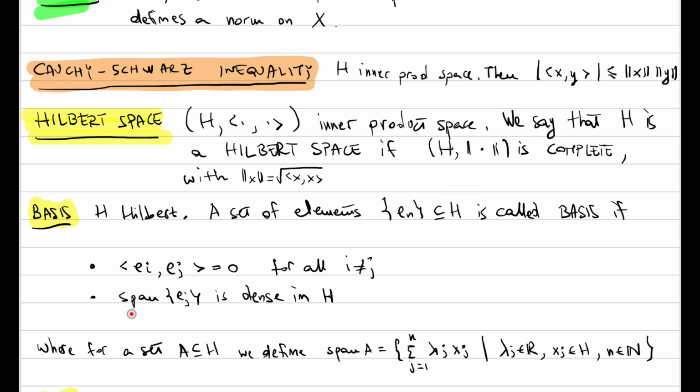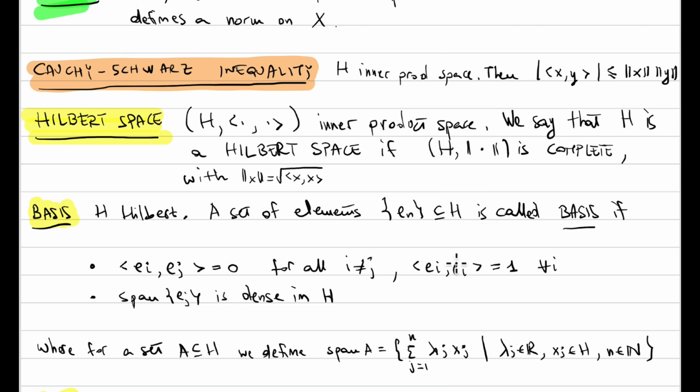And okay, sorry, here I should have added, because by basis we mean something which is actually orthonormal. So this should be equal to 0 if i is not j, and also e_i times e_i has to be equal to 1 for all i's.